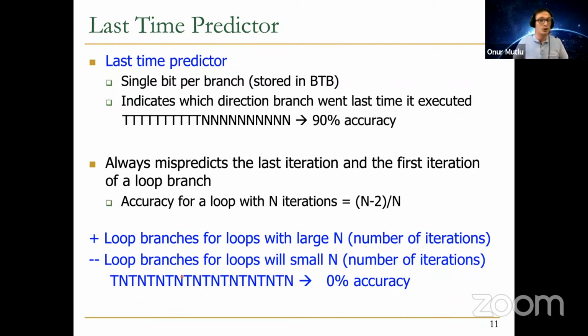Last time prediction is one of the worst possible prediction algorithms that you can use for this type of branch, because the current instance of the branch will do exactly the opposite of the last instance of the branch. Last time it was taken, the current instance will be not taken. But you don't know that at the prediction stage, at fetch time.